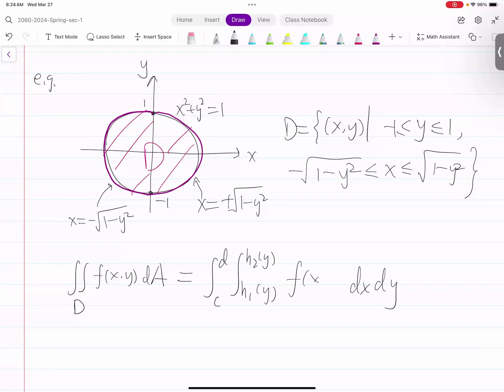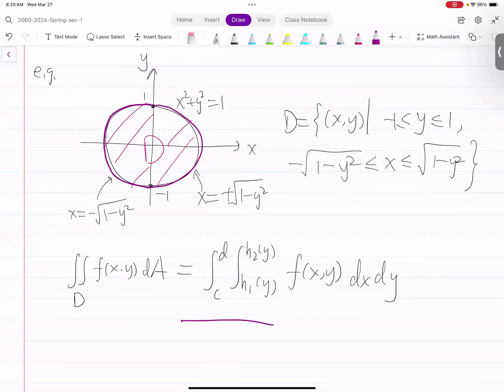And finally, we still integrate this function f of x, right? Okay. So you can see, type 1 has the double integral definition in terms of the iterated integral, and now type 2 has a different double integral expression. So the only difference is, well, there are two differences.